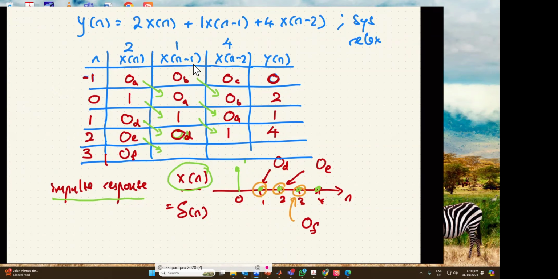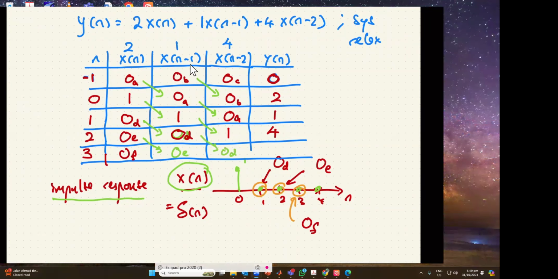So xn will be pushed to xn minus 1, 0E, 0D. And now, tell me, guys, what is the output? Very good. 0. And you realize that now all the inputs will always be 0. Therefore, the 0 will continue to infinity.